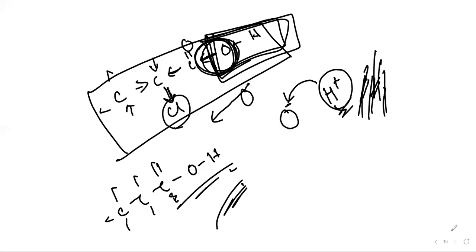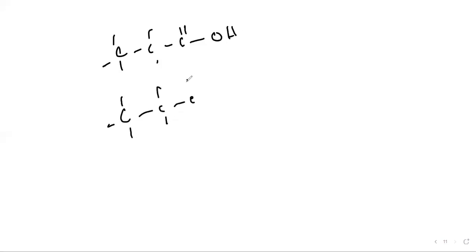And if we compare the acids number 3 and number 4, it is the same thing: their molecular formulas are the same, but the structural formulas are different. So this is acid number 3, and this is number 4.